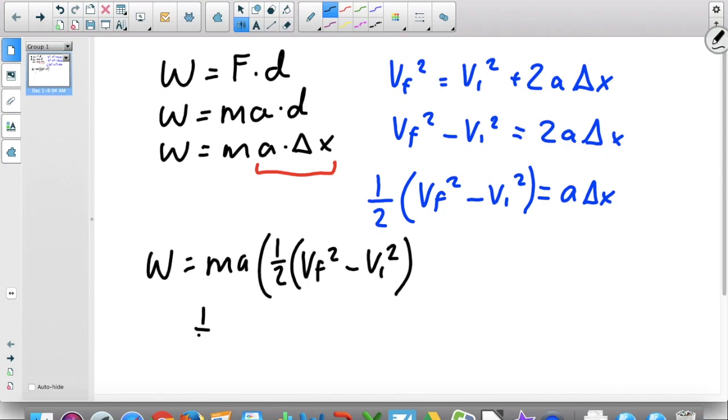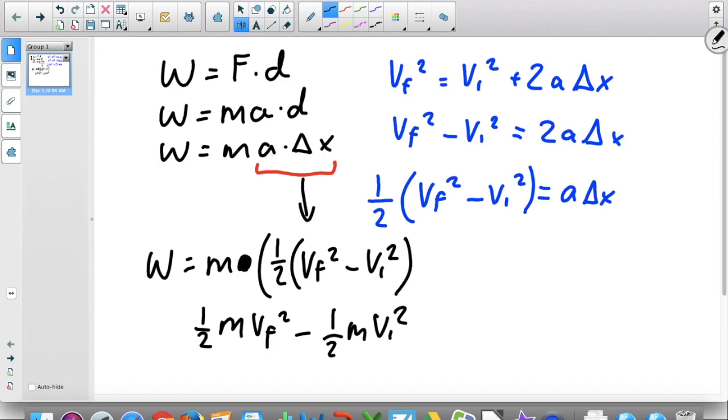Sorry, the a is not really there, because a delta x is this whole thing. So 1/2 m V final squared minus 1/2 m V initial squared. There is this idea of 1/2 mass times velocity squared, minus another 1/2 m times the initial velocity squared.